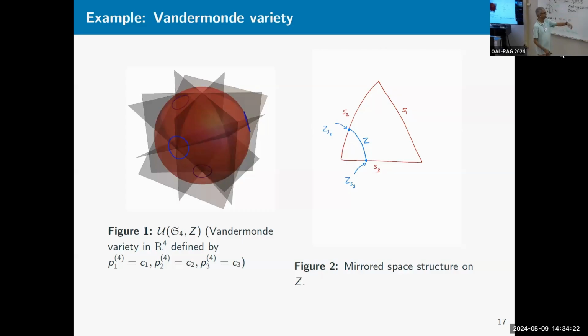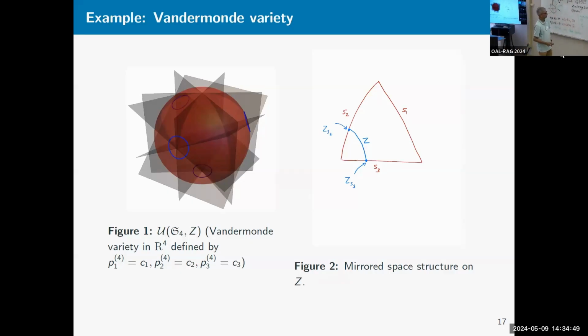So we are looking at, in R4, a set defined by setting the first Newton power sum to something, the second one to 2, and the third one to 6. That's what this picture is.